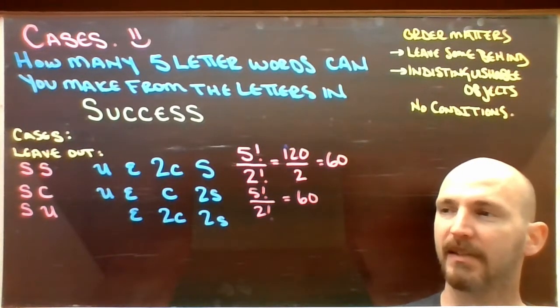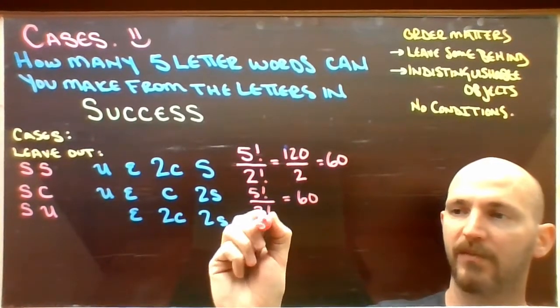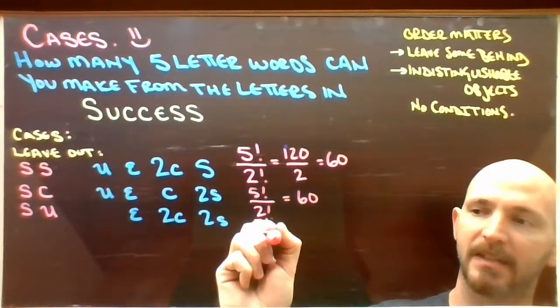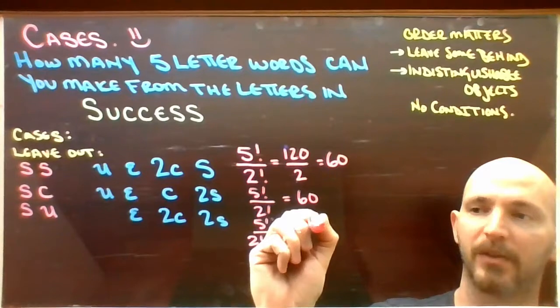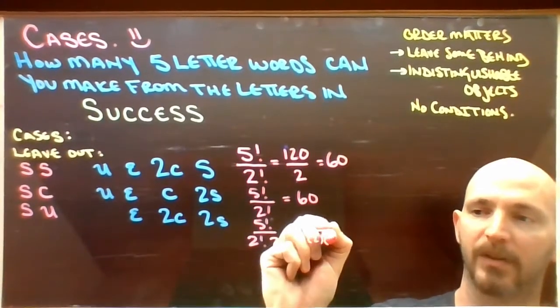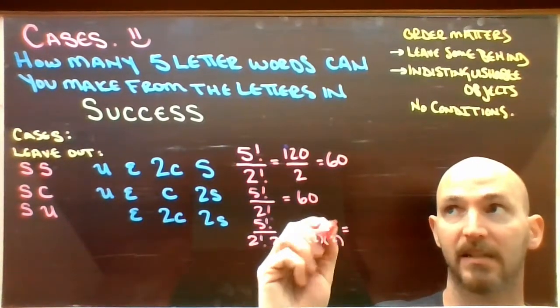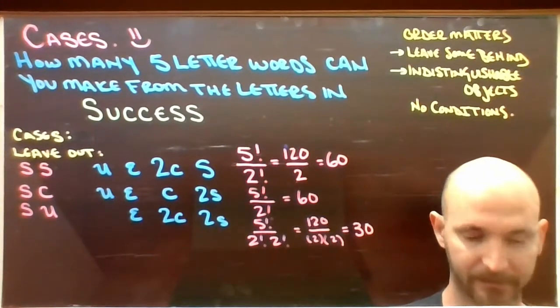That case is going to look like 5 shuffled letters, getting rid of a double C and a double S. So 5 factorial is 120, 2 factorial is 2, 2 factorial is 2, 120 divided by 2 is 60, divided by 2 is 30 ways that I could shuffle these.